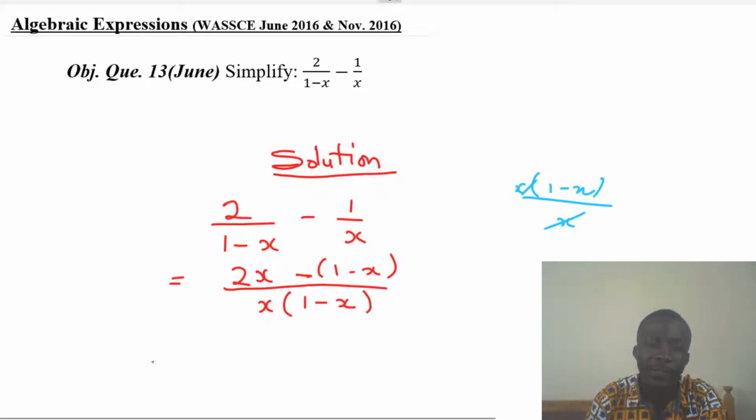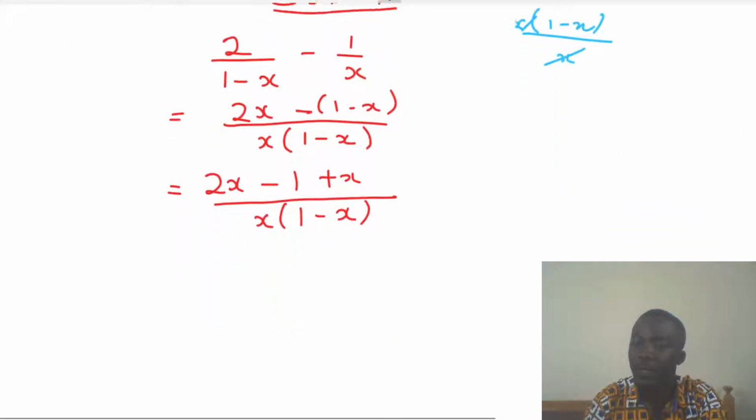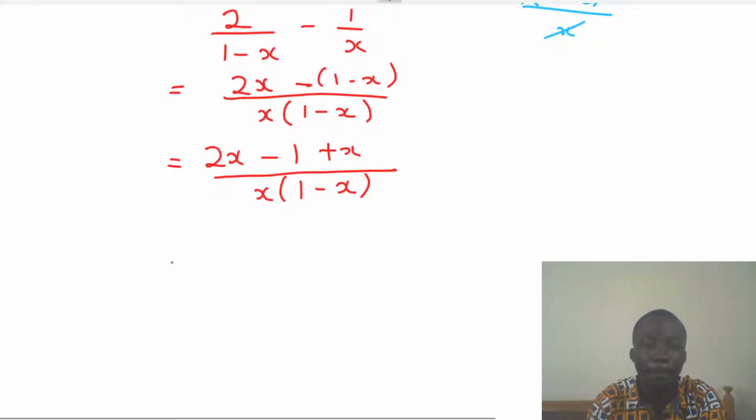We can continue by simplifying the numerator as 2x minus 1 plus x, divided by x into bracket 1 minus x. Two x plus x will yield 3x, then minus 1, divided by x into bracket 1 minus x. And this will be our final answer.